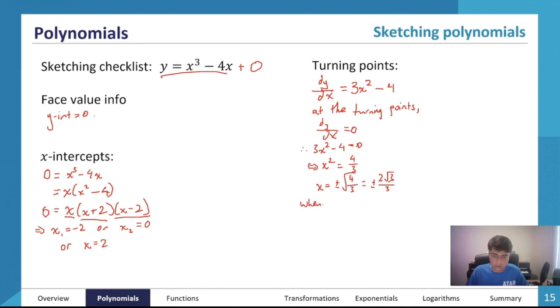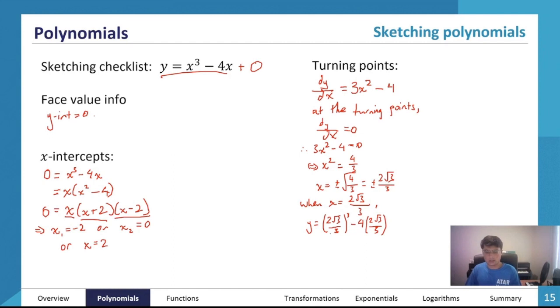So when x equals 2 root 3 over 3, I feel like I've done something wrong here. 2 over root 3. No, that's correct. Okay, 2 root 3 over 3. y is going to equal 2 root 3 over 3 cubed minus 4 times 2 root 3 over 3.